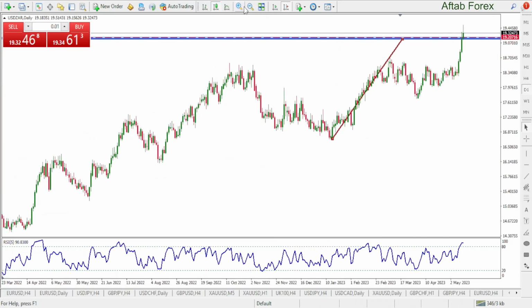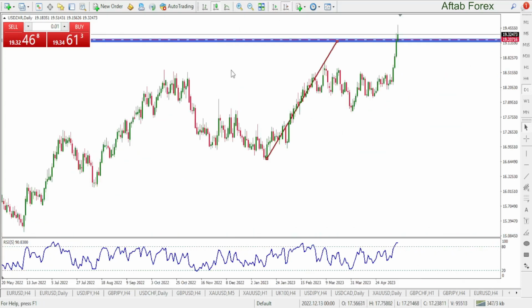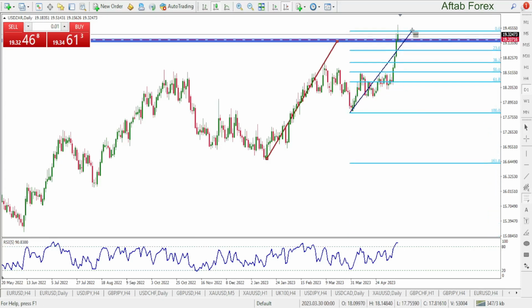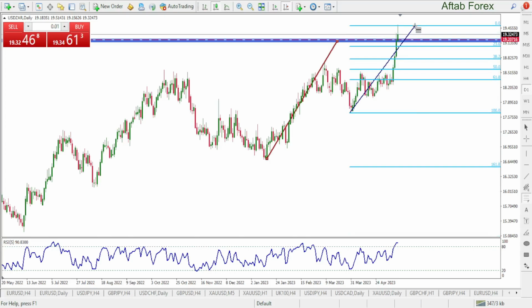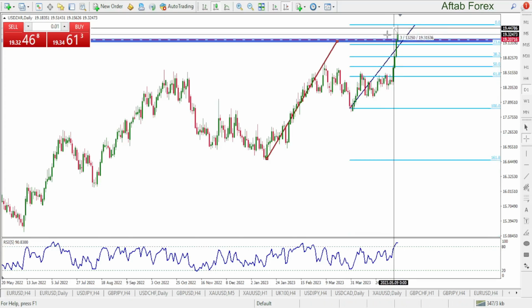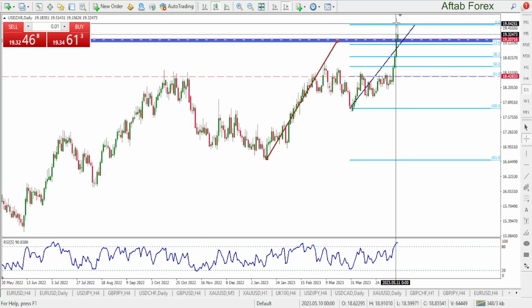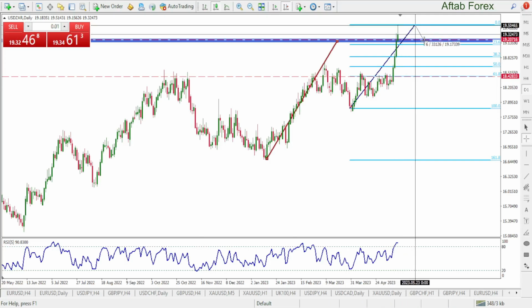Well, most probably if I talk about the USD ZAR, I may be staying neutral or I will be waiting to take a buy trade. But a buy trade not right here, my friends. No, not at all. I will be taking a buy near this zone. So now this is not a role reversal area for me. A role reversal area for me will be this.